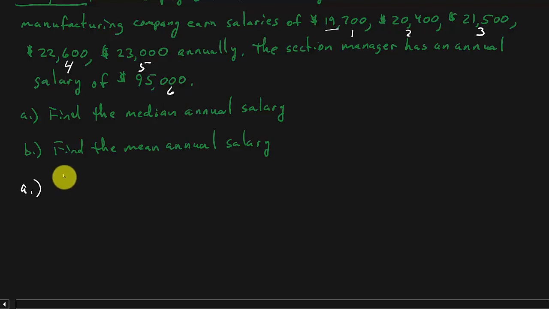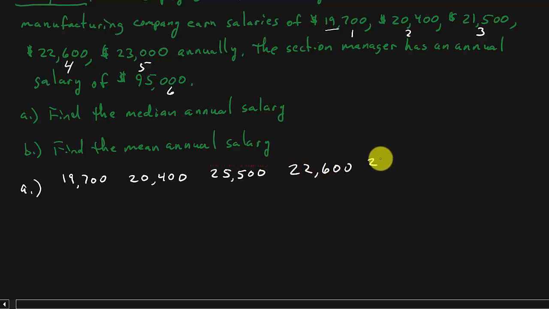So this is going to be 19,700, and then I've got 20,400, and then 21,500, and then 22,600, and then I've got 23,000, and then I've got 95,000, and I want the median.